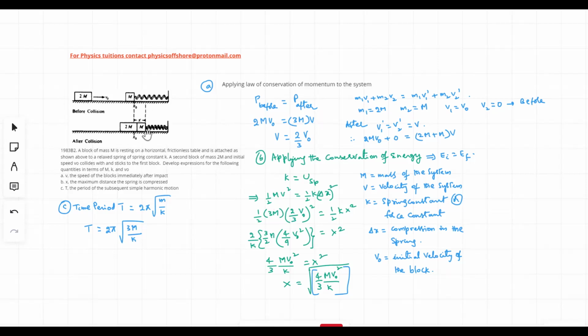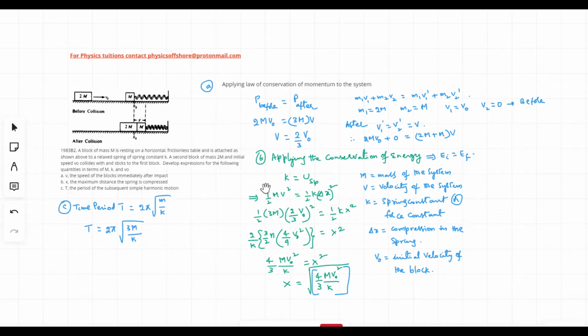After hitting the second mass, which is at rest, both the masses attach together and compress the spring. That means the kinetic energy gets converted into elastic potential energy. What is the elastic potential energy? Half k delta x squared, where delta x is the compression in the spring. Now we write the equation: half mv squared is equal to half k delta x squared.